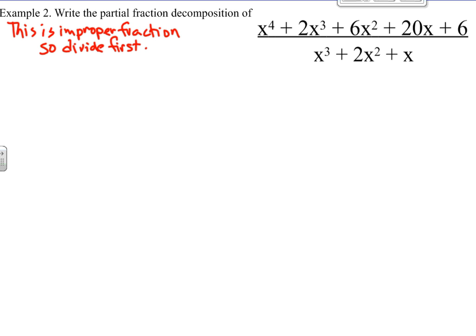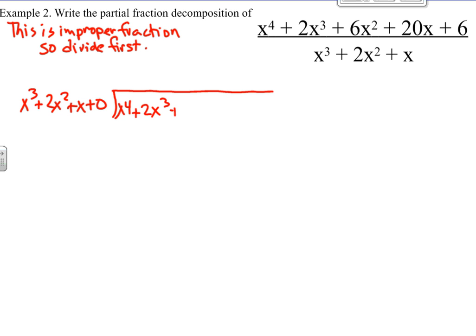So I'm going to do this one as a long division. So x to the 3rd plus 2x squared plus x. I'll put in a plus 0, and I'm dividing that into x to the 4th plus 2x to the 3rd plus 6x squared plus 20x plus 6.